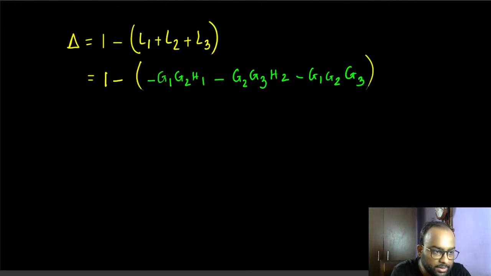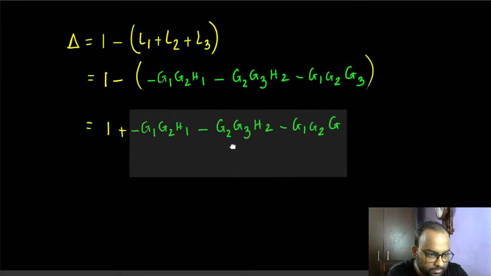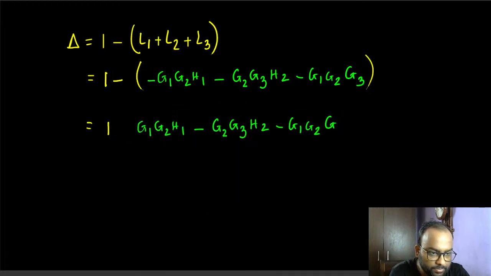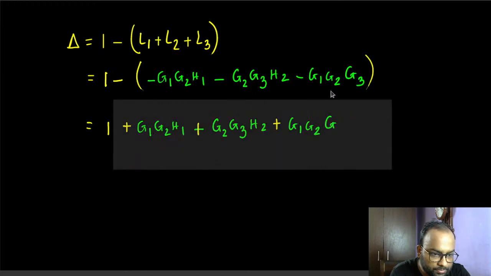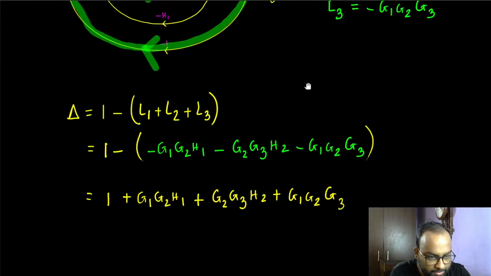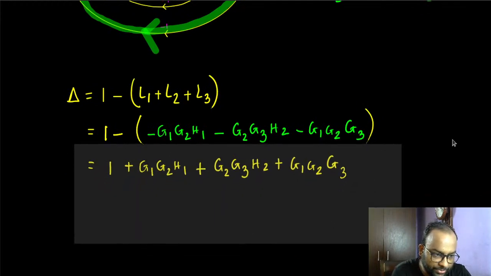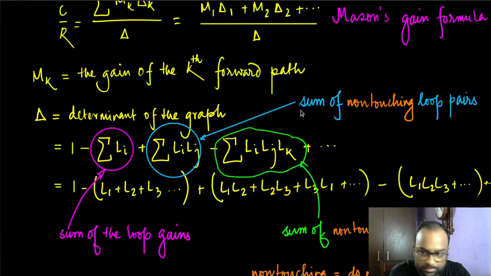That's the graph determinant. And this is equal to 1 plus, as you can see, all that. So it has to be G3, sorry. So that's the graph determinant. No problem there. That's the delta that we are calculating for this. Hold on just for a second.